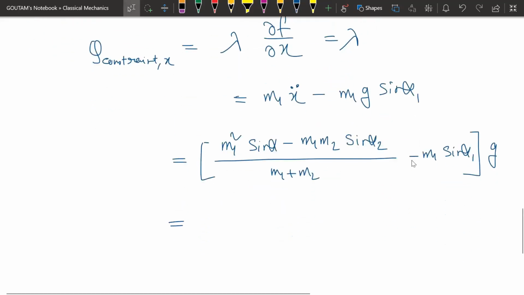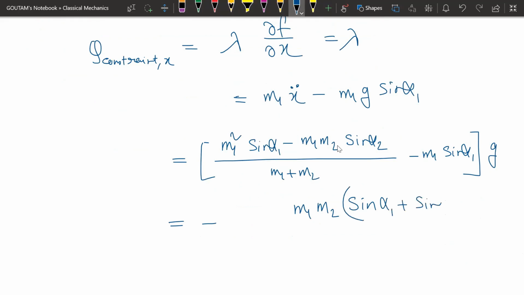Now if you do the calculation, you will get minus, sorry, not twice, you will get m1 m2 times (sine alpha 1 plus sine alpha 2) by (m1 plus m2) times g.